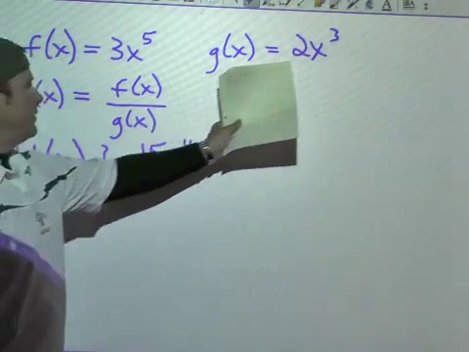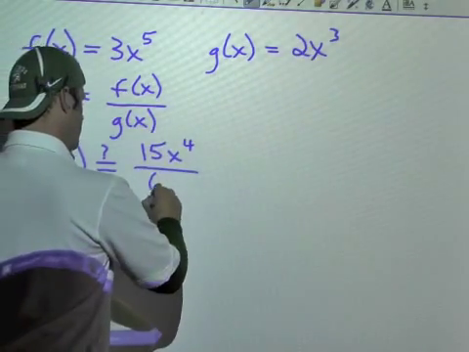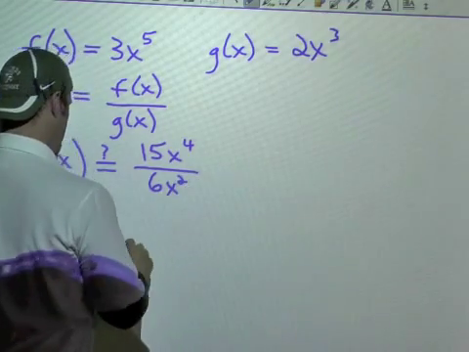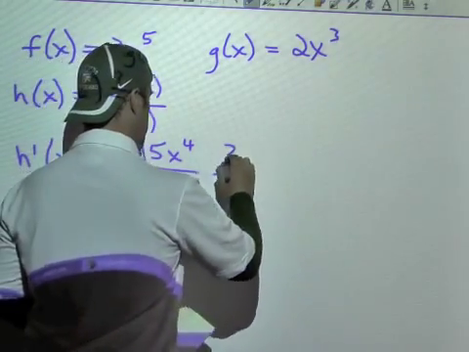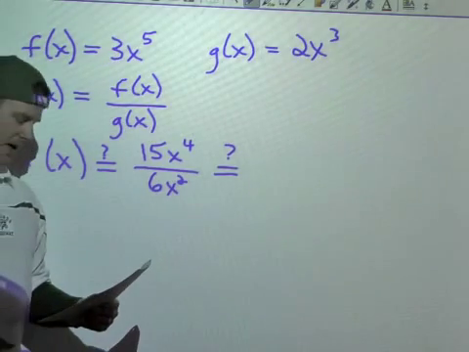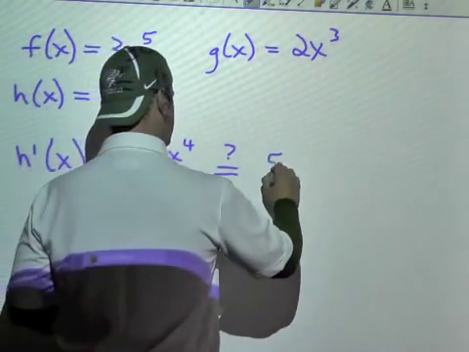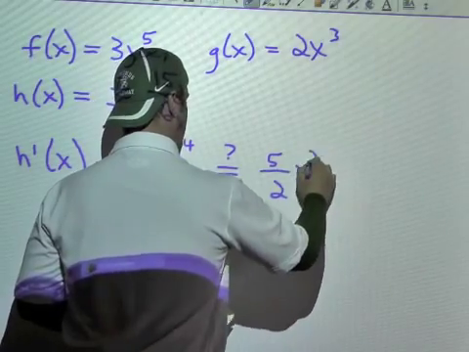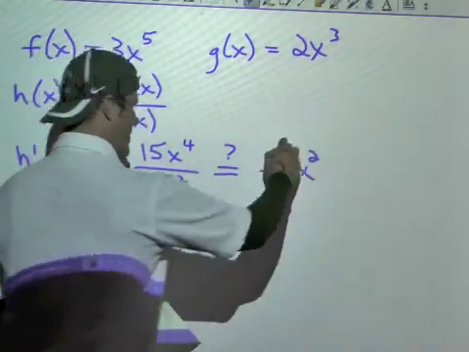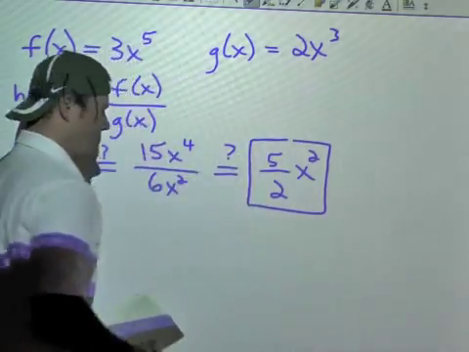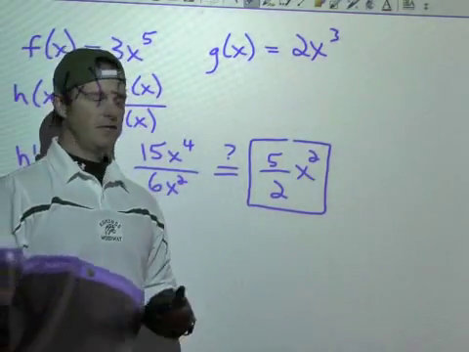And the derivative of g would be 6x squared using the power rule. Which, if we simplify that, simplifies down to 5/2 x squared. The question is, is that really the derivative?